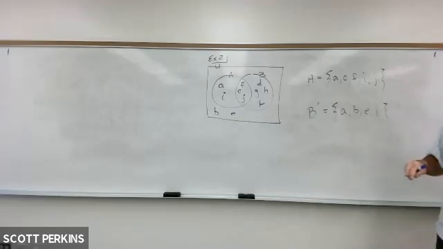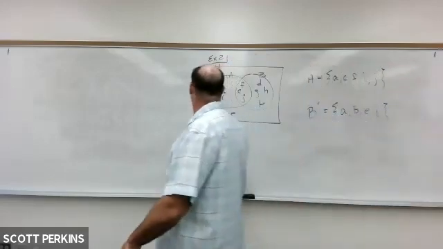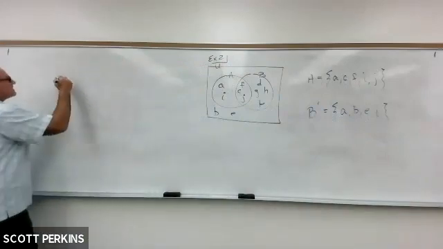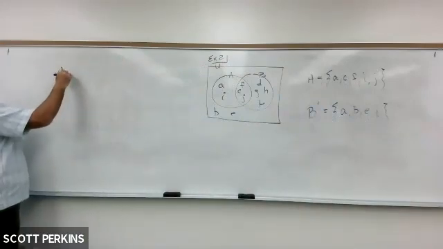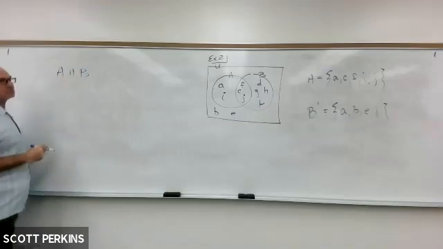All right, I just got a couple more. I know we're running a little low on time, so bear with me. The next one I would like you to find is what is A intersect B?